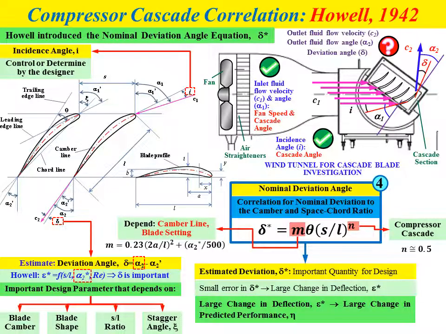As we know, the nominal deflection angle will have a direct impact on the value of compressor cascade efficiency. So a large change in the nominal deflection angle will cause a large change in the predicted performance for the compressor cascade.